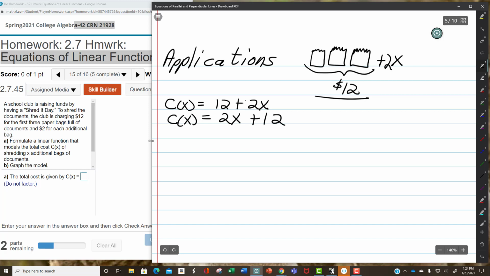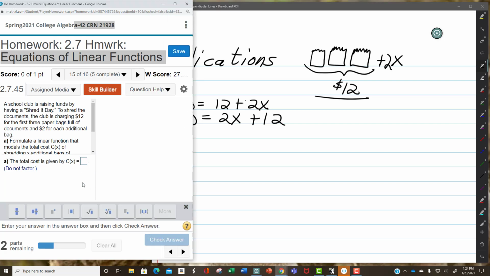But you have to remember that x is the additional bags. Okay, so I'm going to formulate a linear equation: 2x plus 12.